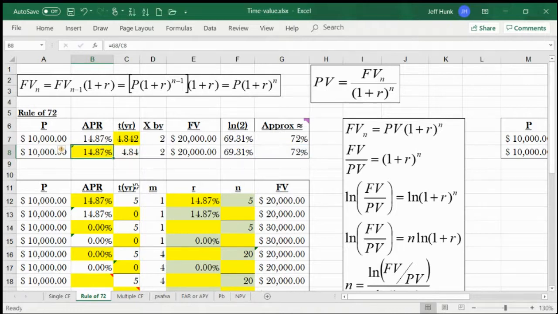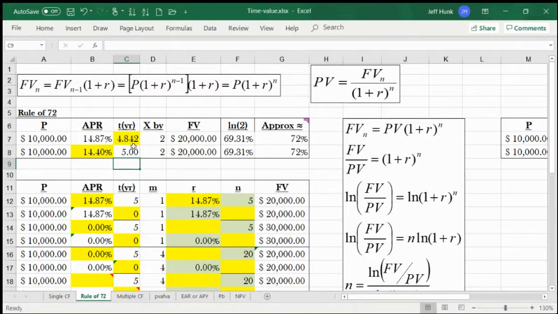It will give you exactly that because you divided by 4.842, which was the result of dividing this by this. But what if this is 5?